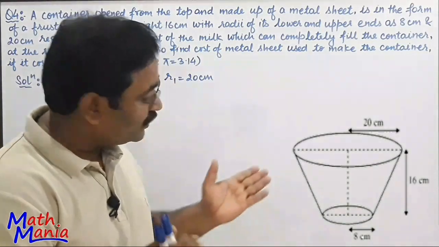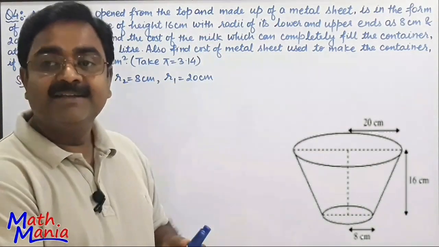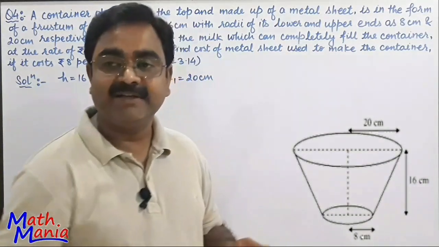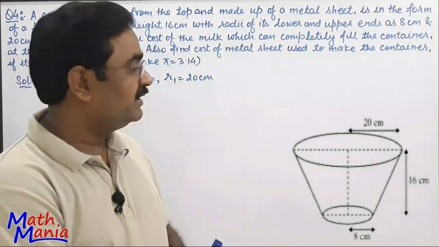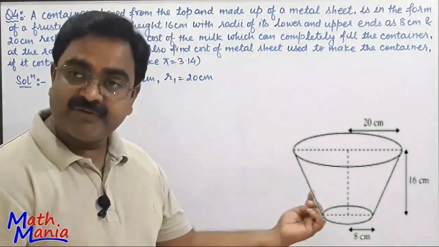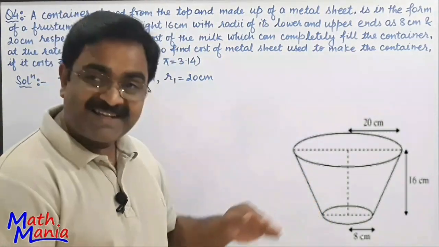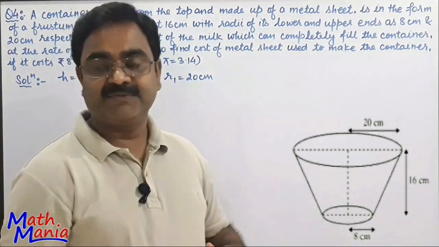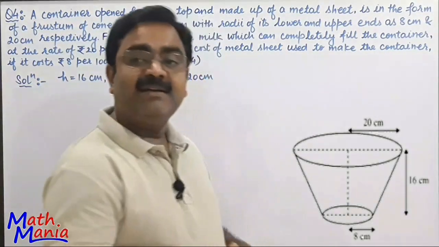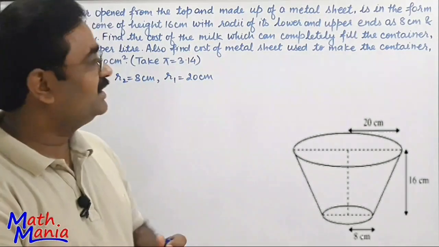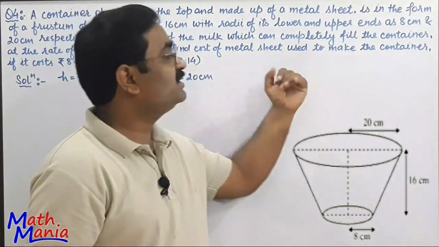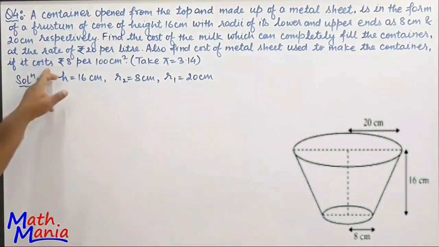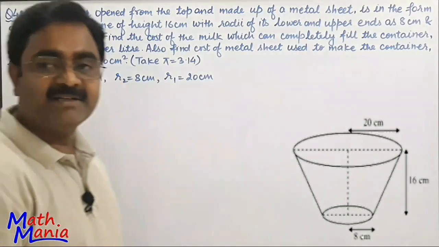As from the figure it is clear that to find out the metal sheet required for this container, we should find the curved surface area plus the area of the bottom or base. After getting the area of metal sheet, we can find the cost of metal sheet used for this container, for which the cost is ₹8 per 100 centimeter square.